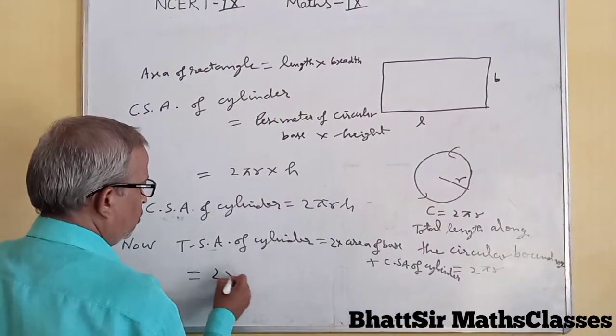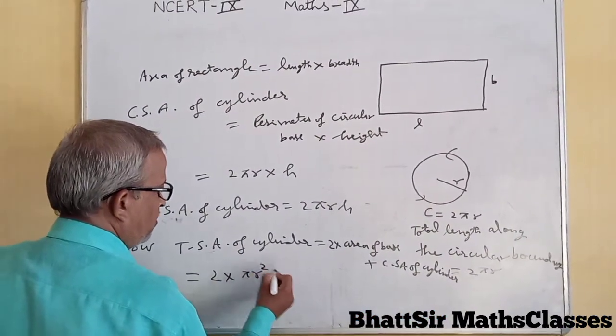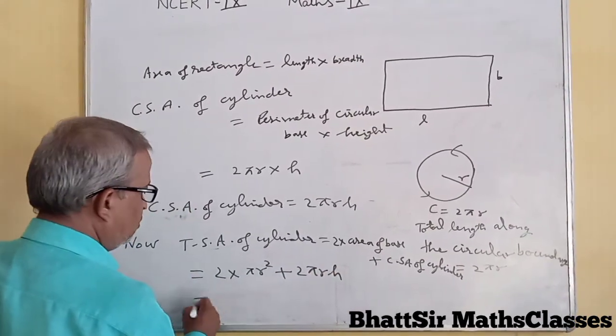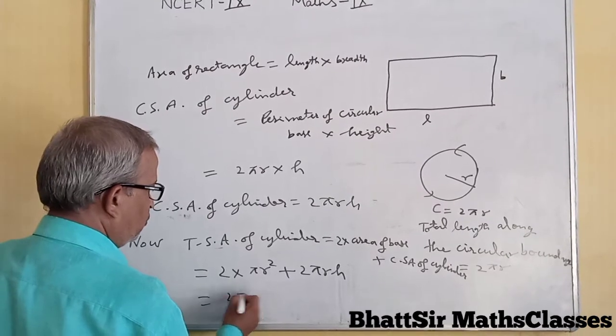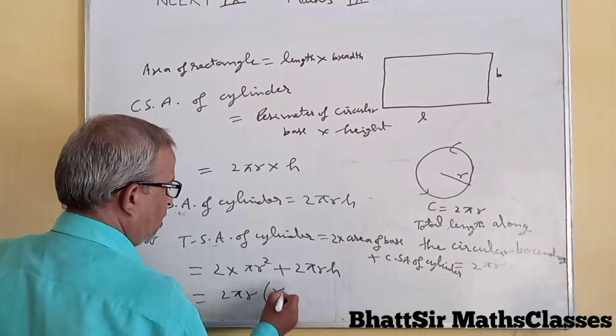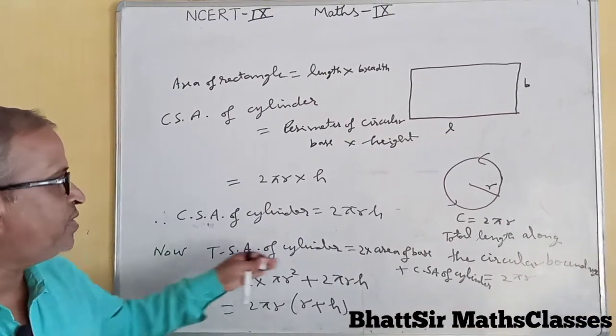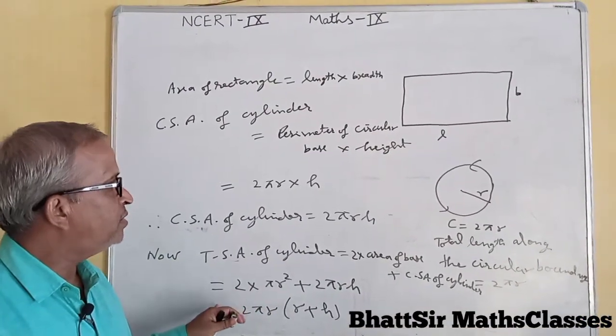Therefore 2 into pi r square plus 2 pi r h. So therefore 2 pi r (r plus h). It is the total surface area of the cylinder.